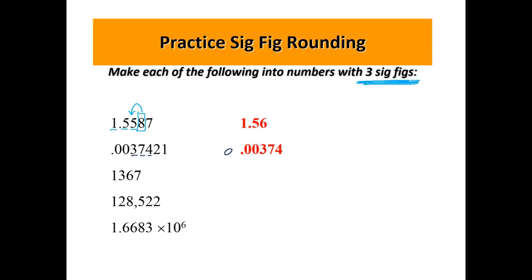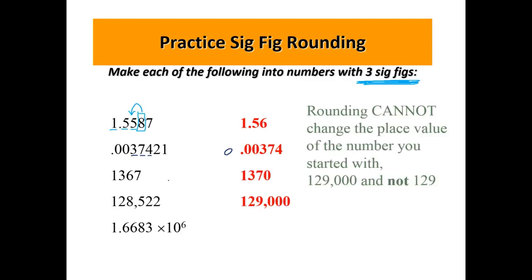What do you have? Excellent, 129,000. That's exactly right. And what about the last one, the number in scientific notation? Very good, 1.67 times 10 to the negative 6. Excellent.